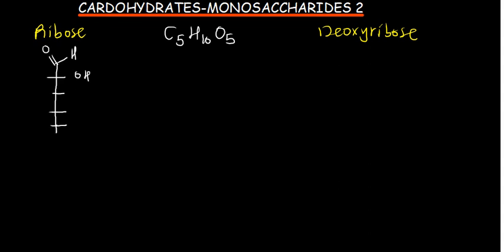Here supposed to be five carbons. So all the OHs are on the same side. If you count in the formula, we've got five oxygens: one, two, three, four, five. So we don't need any oxygen anymore. So the rest will just be hydrogen there, there, there, there, also there.